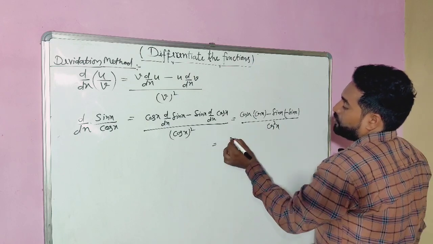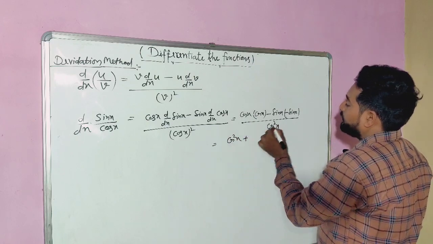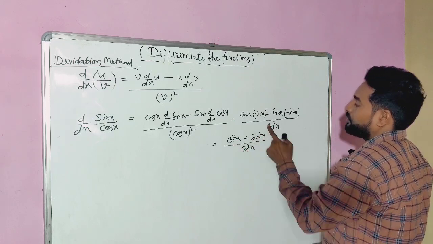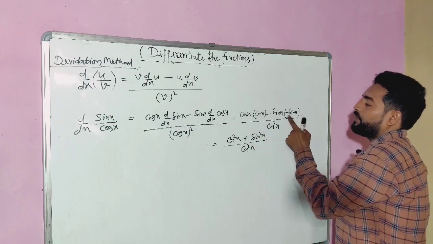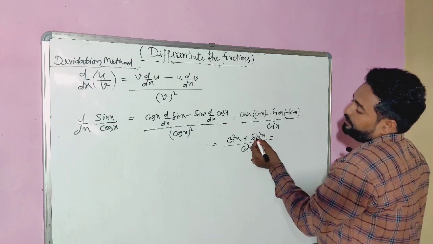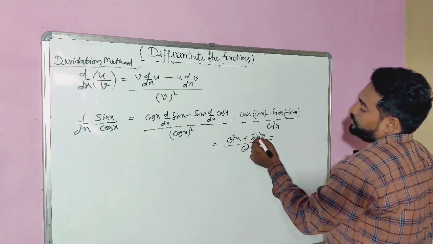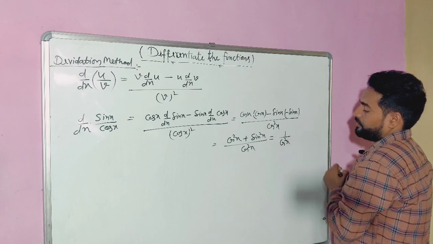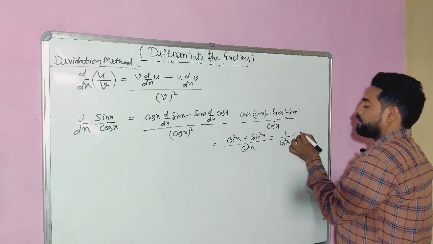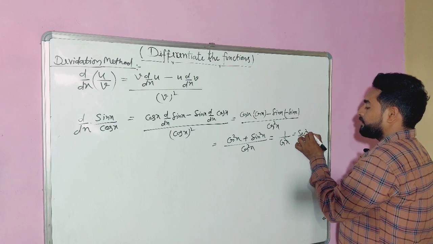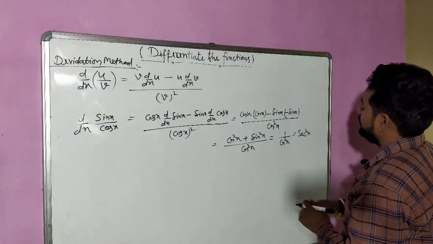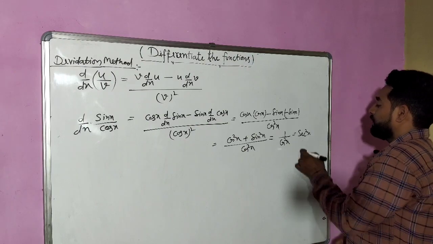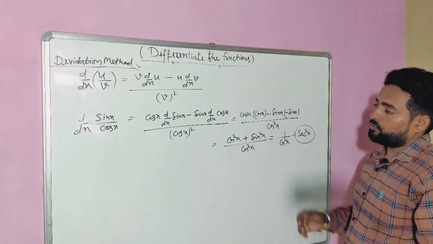Next, cos square x minus minus plus sin square x upon cos square x. cos into cos is cos square, sin into sin, minus minus plus. This is the identity: cos square x plus sin square x, or sin square x plus cos square x, equal to 1, upon cos square x. 1 upon cos square x is equal to sec square x. 1 upon cos x is equal to sec x, and 1 upon cos square x is equal to sec square x. So that is the answer of this question.